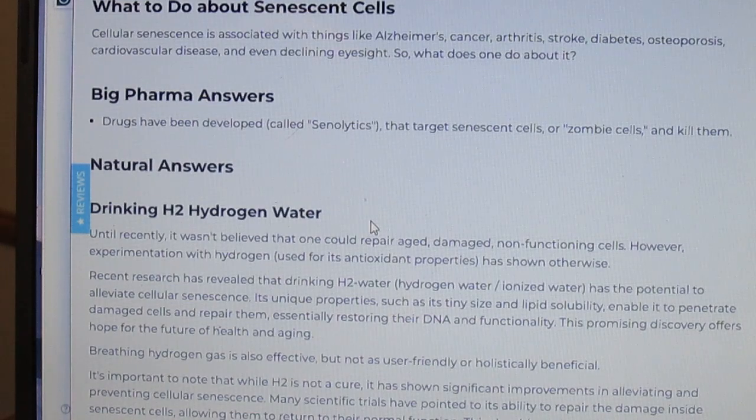The reason is hydrogen itself can act as an antioxidant and go in and repair aged, damaged cells that are non-functioning, and by repairing them, they begin being normal again and functioning.